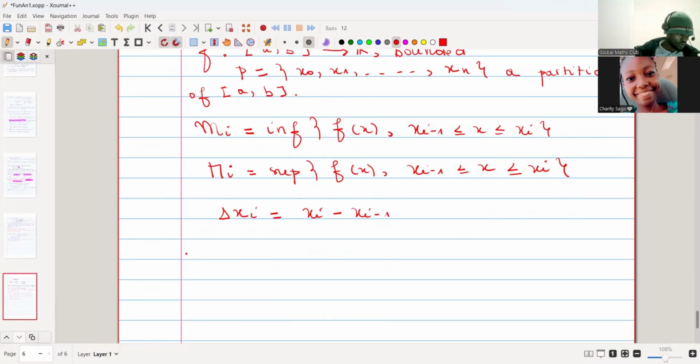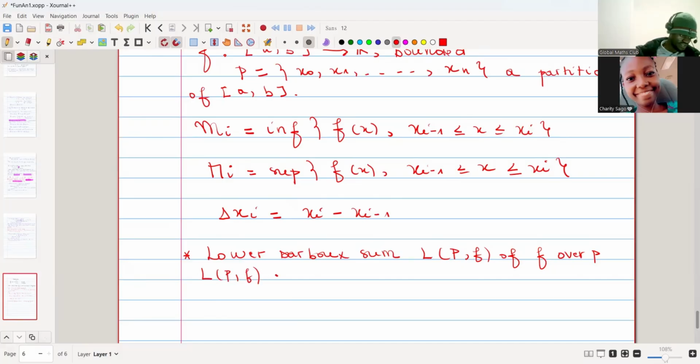Now, what we call a lower double sum, namely L(P, f), the lower double sum of f over P, is defined as L(P, f) equal to the sum of mi delta xi, i from 1 to n.